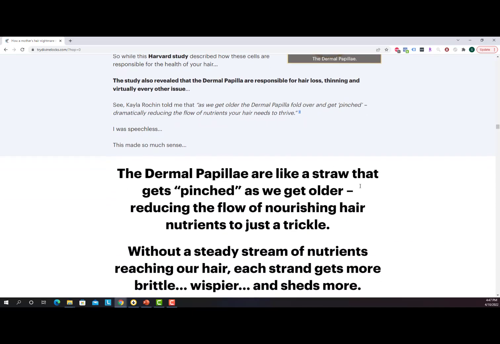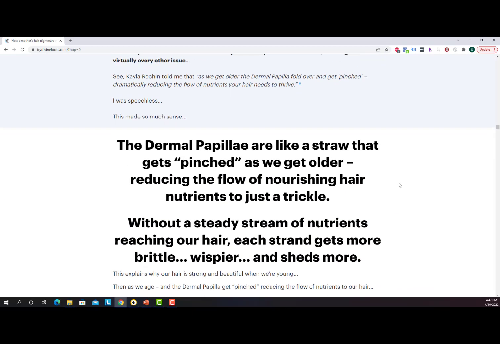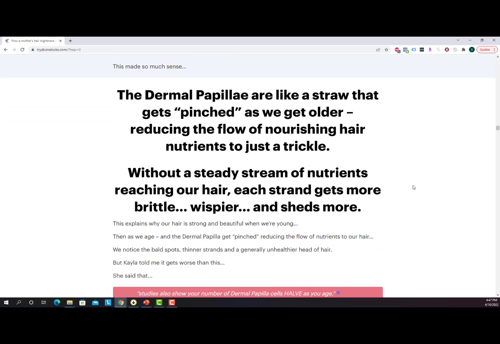So basically, these dermal papillae need to provide nourishing nutrients to the hair to keep them healthy. Without a steady stream of nutrients reaching our hair, each strand gets more brittle, wispier, and sheds more. There you go. What's happening here is you're talking about the unique mechanism behind why the audience has thinning and wispy hair.